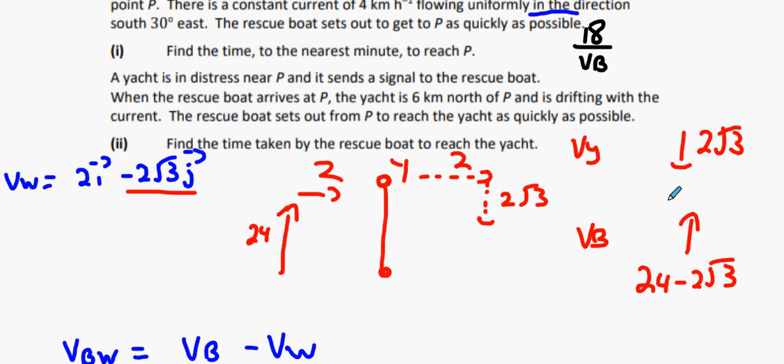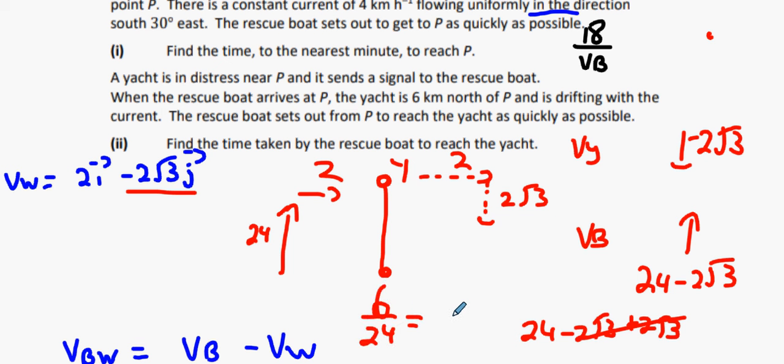That's actually a minus 2 root 3. Why is it a minus 2 root 3? It's going downwards. So it's a double negative in effect. So it's going to be 24 minus 2 root 3 plus 2 root 3, which just turns it into 24. And then it's going to be 6 divided by 24. A quarter of an hour. 15 minutes. And that's the correct answer, is it?